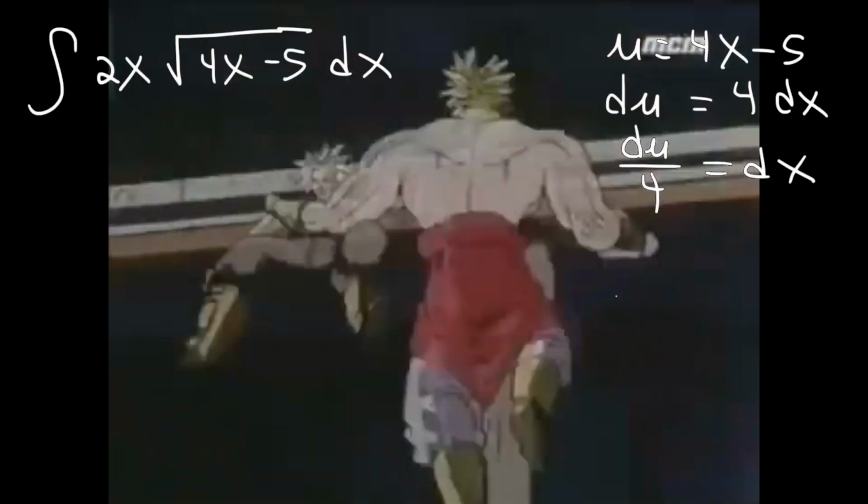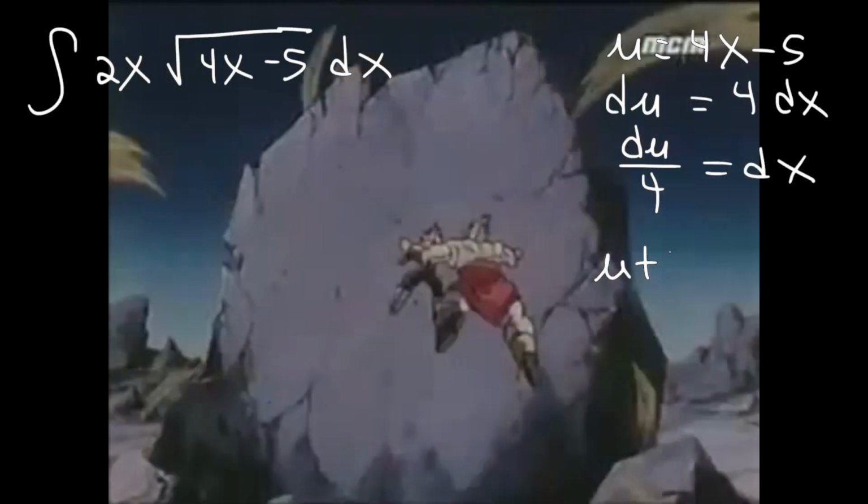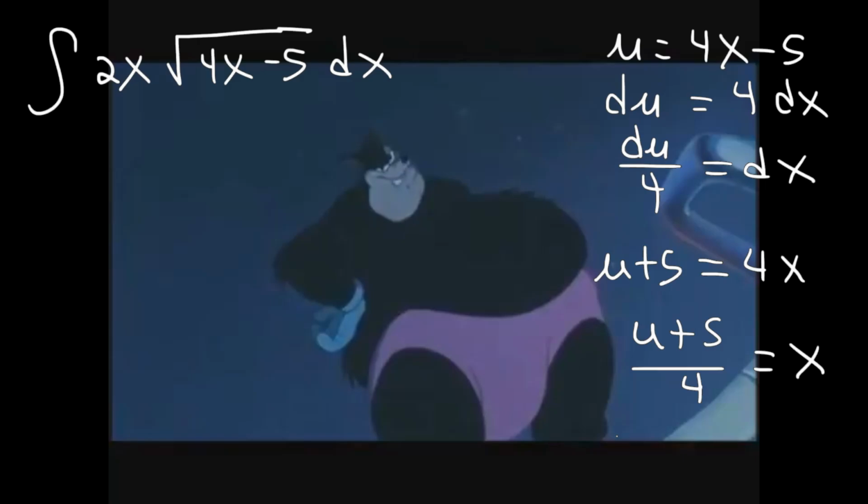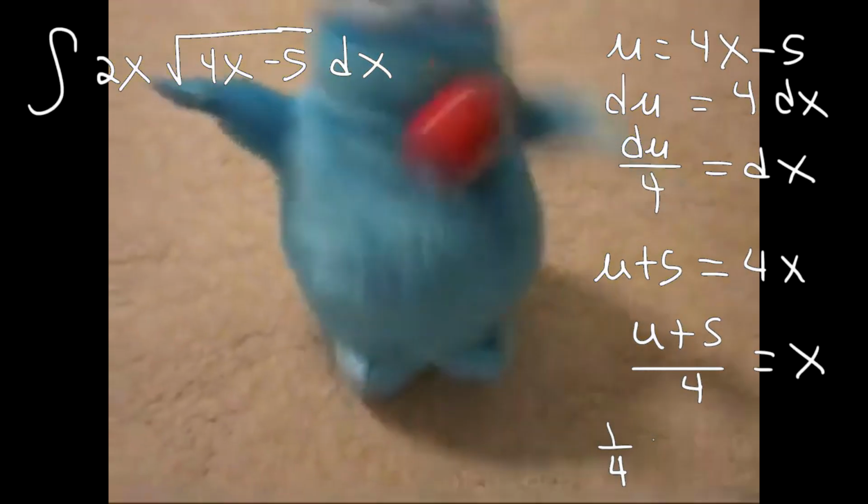Now we need to isolate x in this expression. So if we add 5, u plus 5 is equal to 4x. And then if we divide by 4, x is equal to this, which we can write as 1/4 (u plus 5).